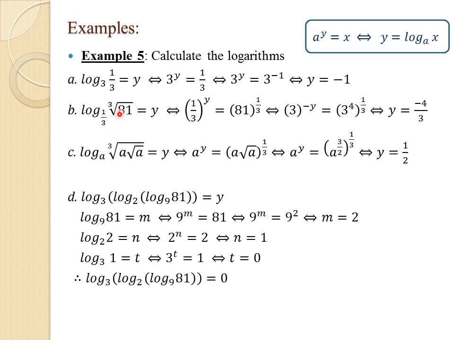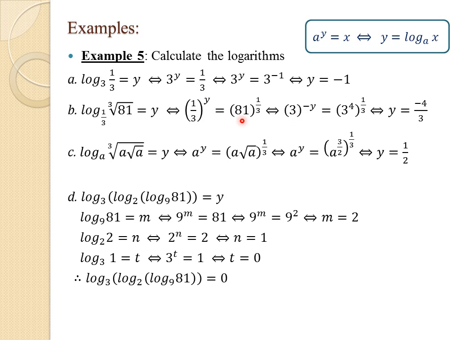Here, logarithm cubic root of 81 for the base 1 over 3. I equal it to y, and then 1 over 3 power y equal 81 power 1 over 3. So then, here, it's going to be 3 power negative y. I wrote it.